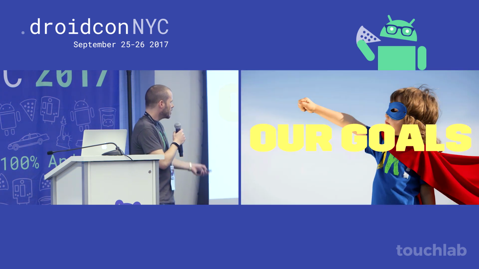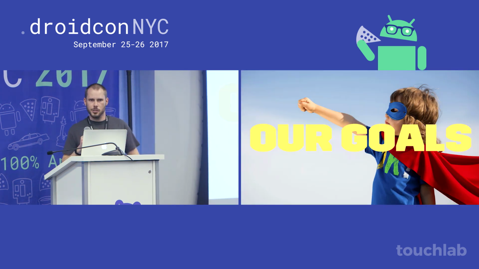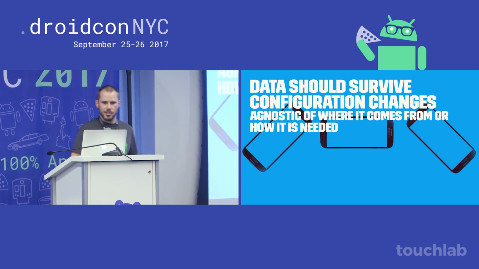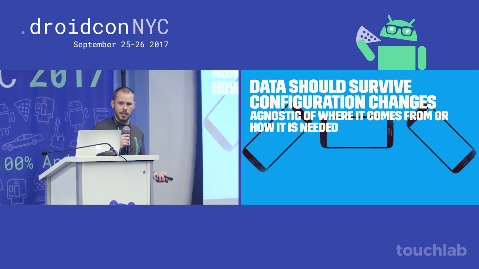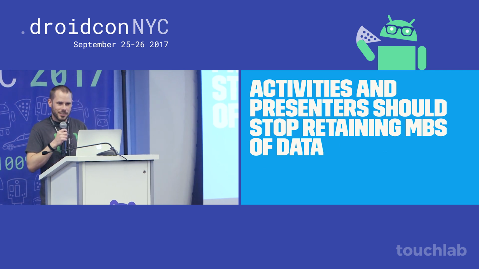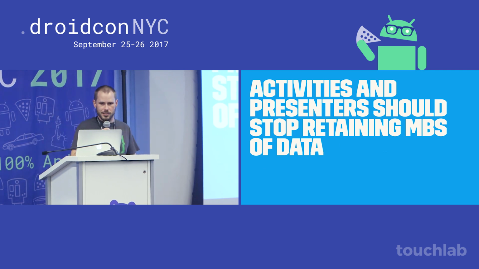So that's great. Well, what were our goals? Why did we do it, and what did we set out to do? Well, we thought data should survive configuration change. It should be agnostic of where it comes from or how it's needed. Activities should do activity things, presenters should do presenter things, and the presenter should stop retaining lots and lots of data.